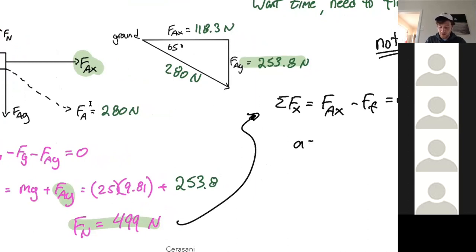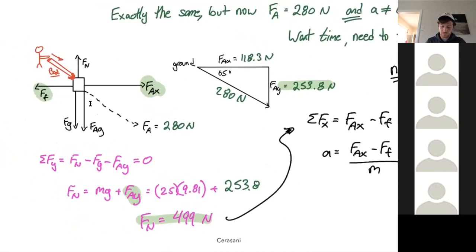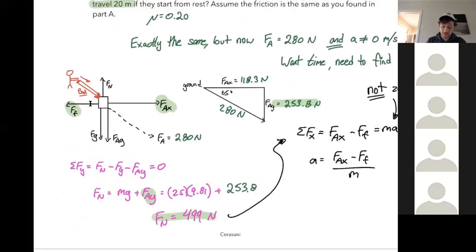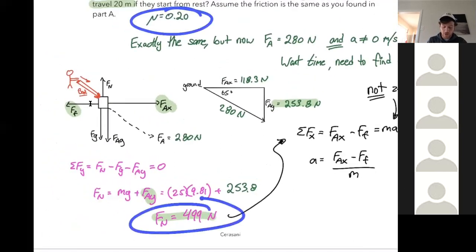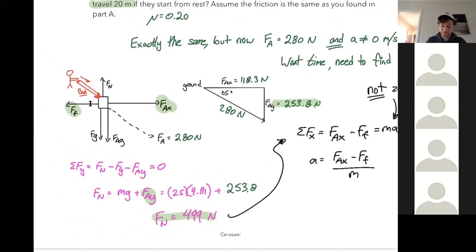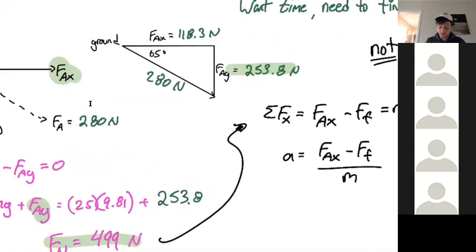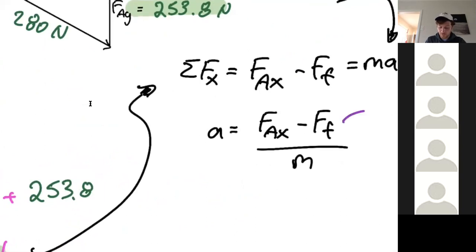So our acceleration is our FAX minus this force of friction divided by our mass. Our force of friction is really nice because we know our mu and we know our normal force. You're going to memorize this formula: the force of friction is equal to mu Fn, which is equal to 0.2 times our normal force, which we already found, 499.